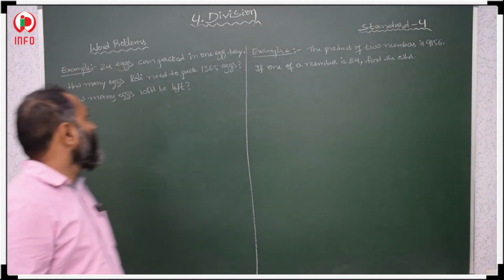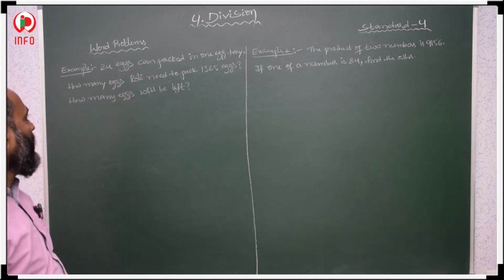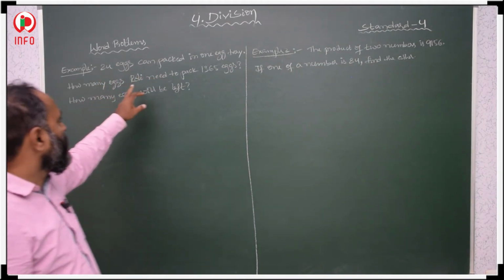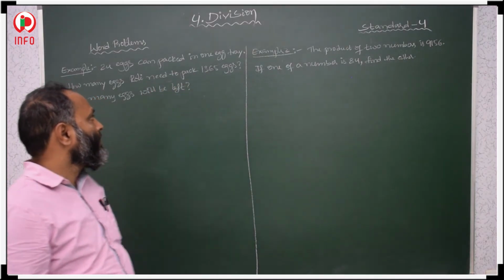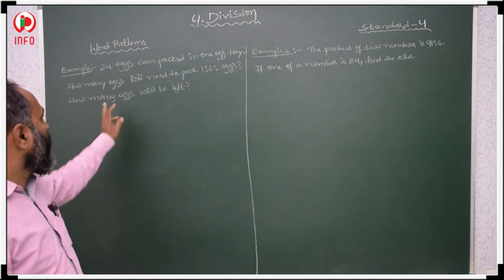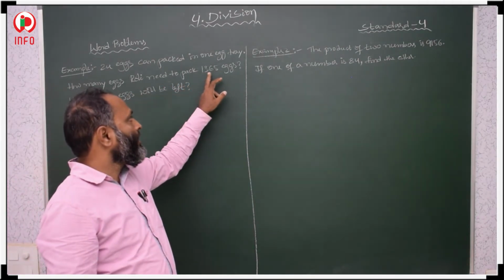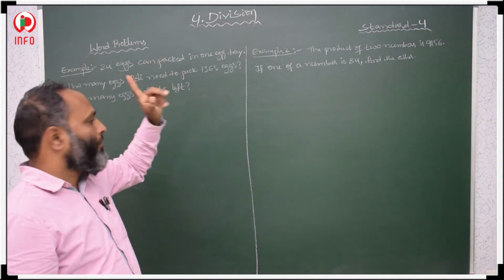Now word problems. 24 eggs can be packed in one egg tray. How many trays does Rolly need to pack 1365 eggs? And how many eggs will be left? So Rolly has 1365 eggs. 24 eggs can be packed in one tray.